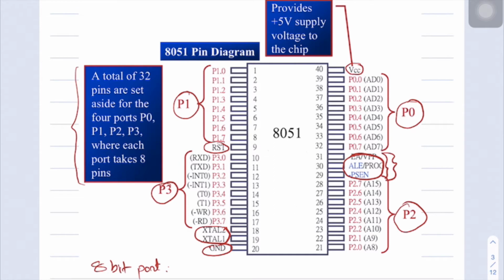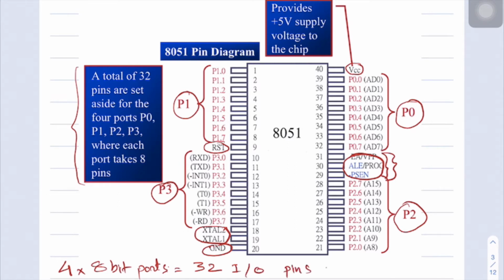However, in this section our concentration is mainly on the port structure. To summarize, 8051 has four 8-bit ports, which give rise to 32 input output pins.